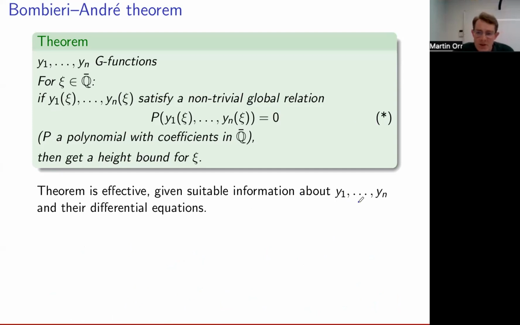Yes, I should have mentioned, since I'm interested in effectivity, we need to point out that this theorem is indeed effective. So given suitable information about your G-functions, things like what are their radii of convergence, and about their differential equations, things like what are the singularities of those equations, then you can explicitly write down the height bound on the point psi that you get.